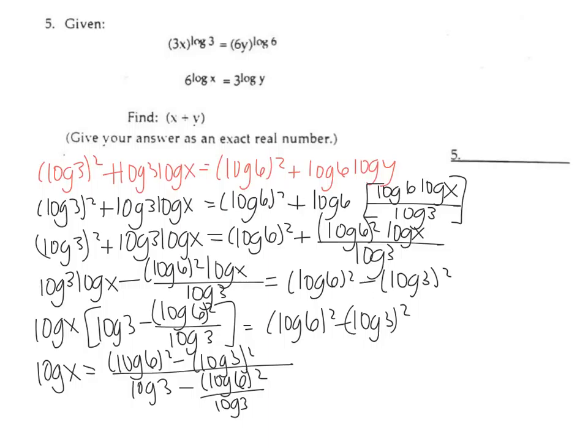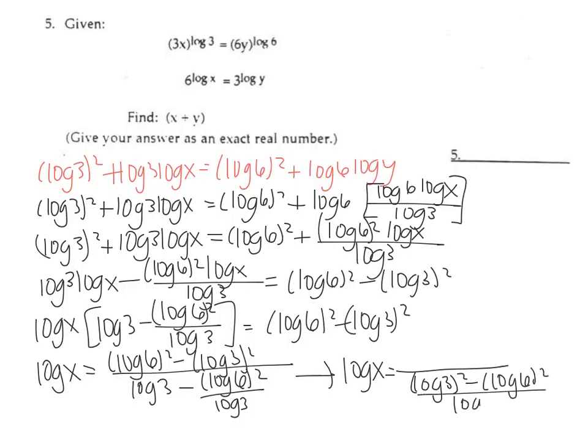Okay, so we're going to keep going. Denominator, I want to get all of that together. So this is going to become log of 3 squared minus log of 6 squared all over log of 3. And in the numerator I have log of 6 squared minus log of 3 squared.